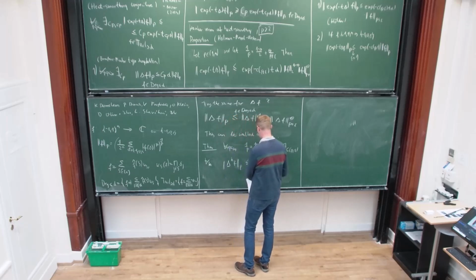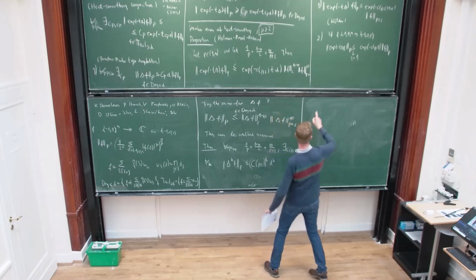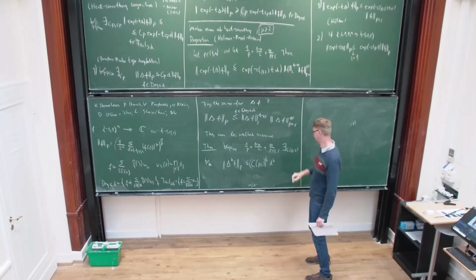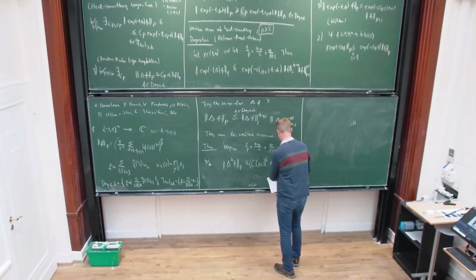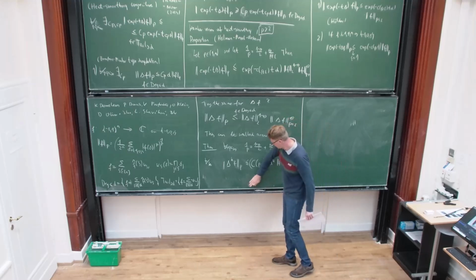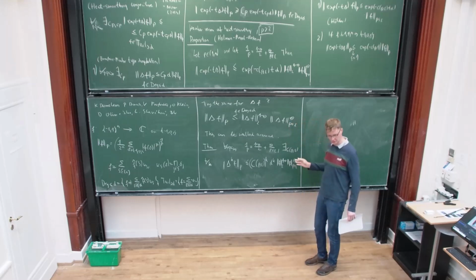I can write C of p epsilon to the power k here, and then the same product as was here.